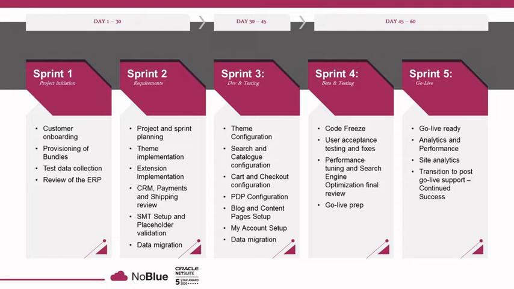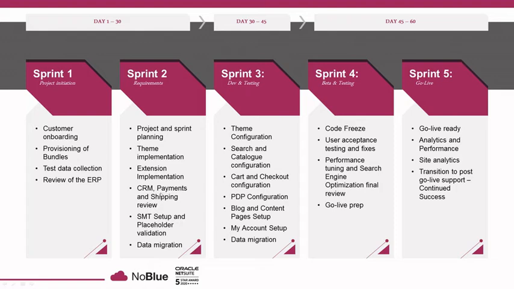In sprint 2, we understand the requirements. We implement the theme adapted to the brand look and feel, and some other minor tweaks and cosmetic changes to the theme and layout changes, if needed.